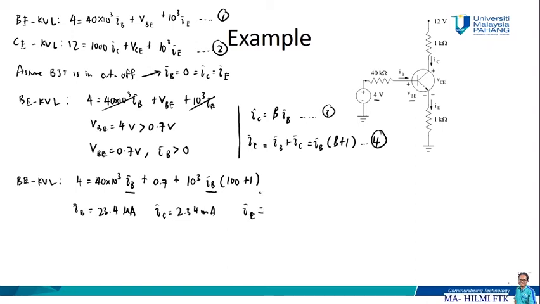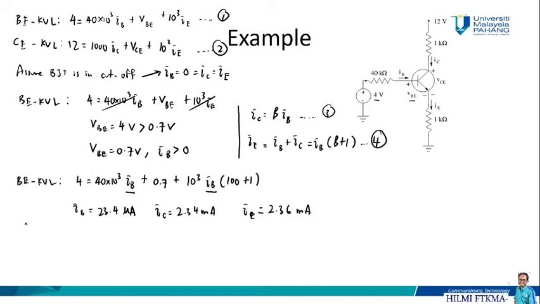Okay, and that's why in the previous slide, we need to find either one from the current IB, IC ataupun IE. Jadi terpulanglah kalau kita nak cari IE, kita boleh proceed dengan equation CE KVL nombor 2. Okay, jadi contoh ni kita cari nilai IB dulu. So IE would be IB plus IC. We should get 2.36 milliamp.